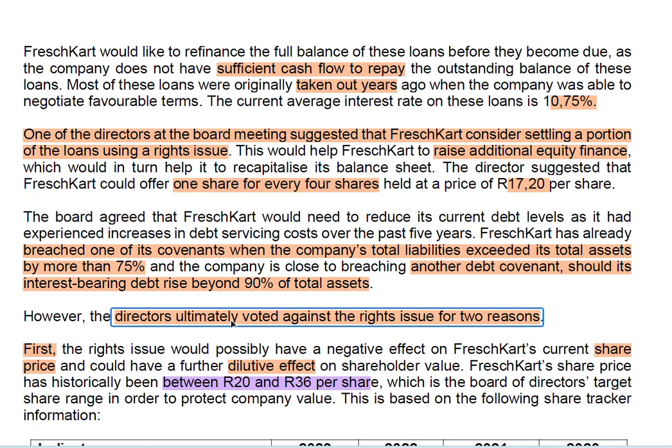So the directors ultimately voted against the rights issue for 2 reasons. So now we see that they want to go for a rights issue, but however the board is voting against it, or the directors are voting against the rights issue.